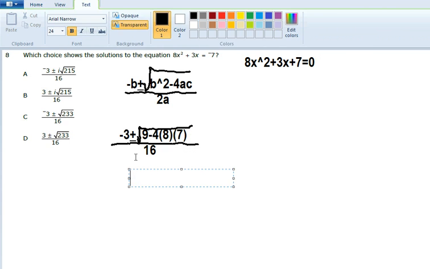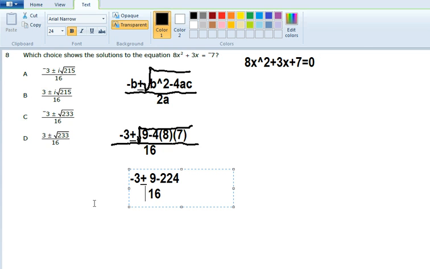So we simplify this a bit more. We get negative 3 plus or minus the square root of 9 minus, I believe we said 224, all over 16.